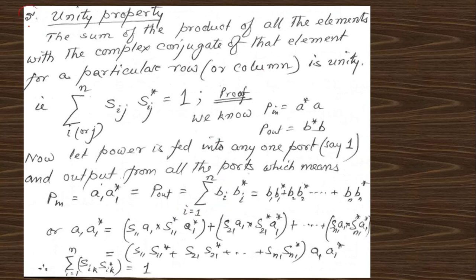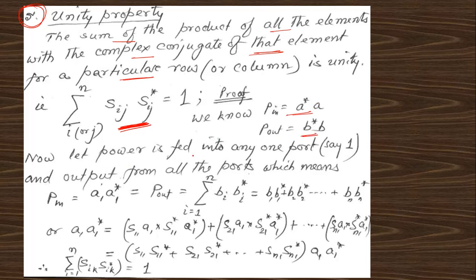The next point is the unity property, which means the sum of the product of all the elements with the complex conjugate of the element for a particular row or column is unity. Within a particular row or column, this matrix product with its complex conjugate will be unity. Because power in will be A and power out will be this.